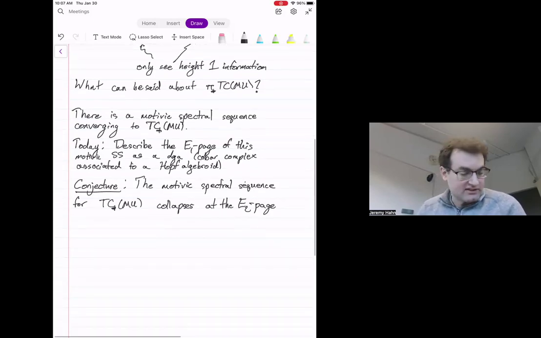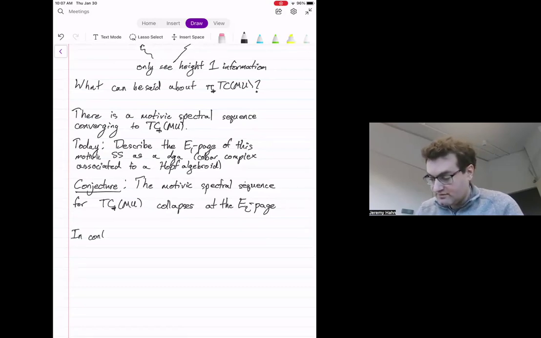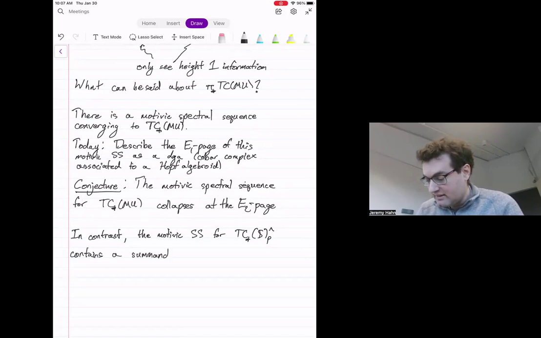I want to contrast this with what happens for the sphere. So the motivic spectral sequence for, say, TC star of the sphere, p-completed, contains a summand that is isomorphic to the Adams-Novikov spectral sequence.